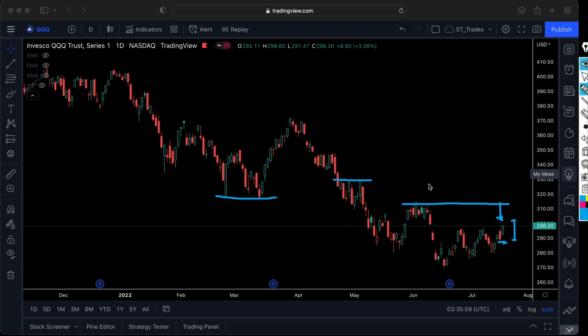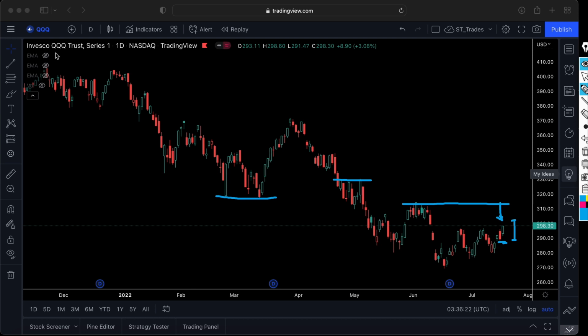But once the majority of the stocks within the Nasdaq exchange turn up, we can expect Nasdaq to continue to push further up. That is something you need to keep in mind.